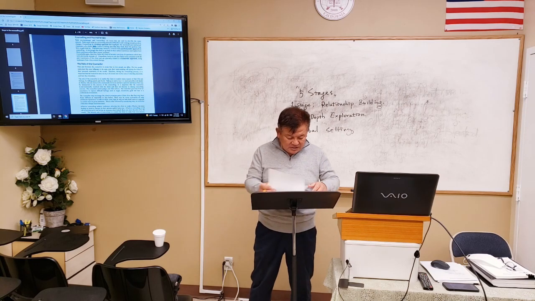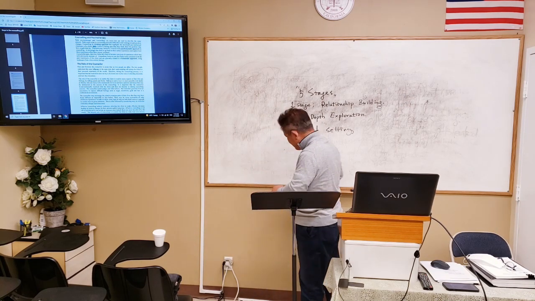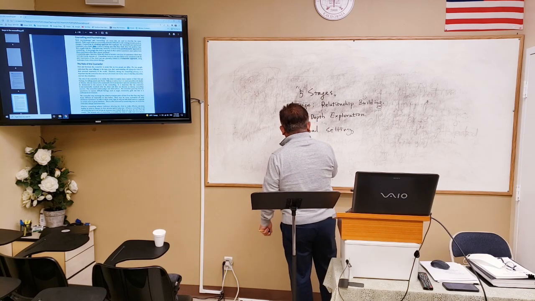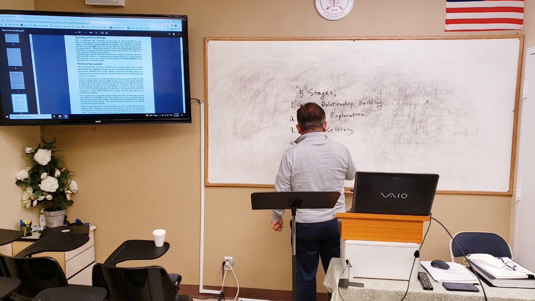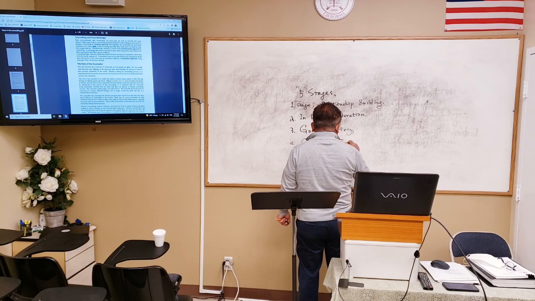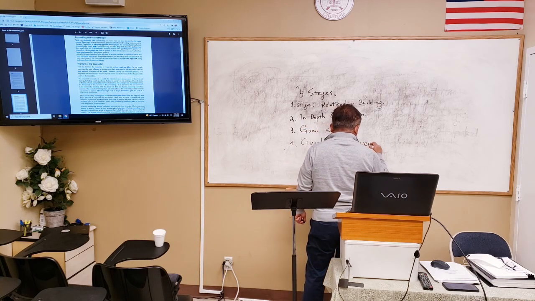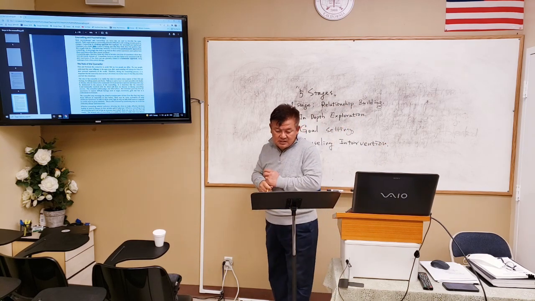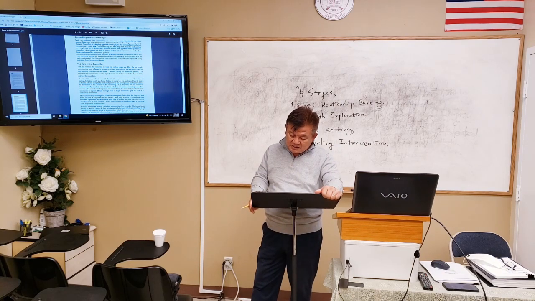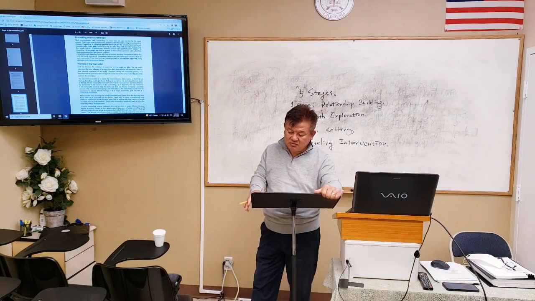And next, stage 4 is counseling intervention. It means there are different points of view concerning what a good counselor should do with clients, depending on the theoretical position that the counselor subscribes to.